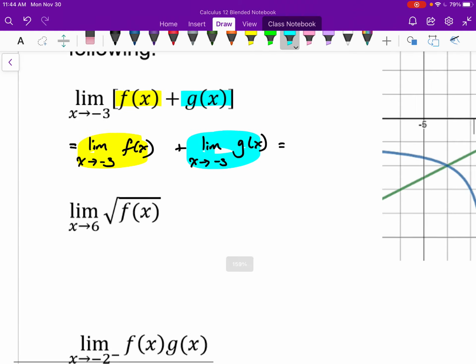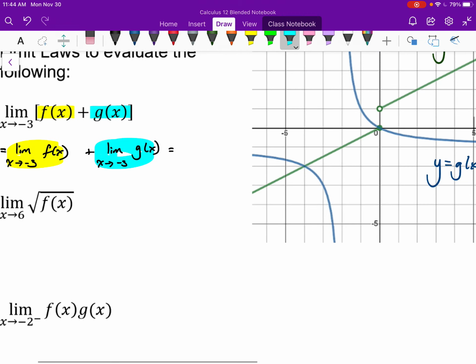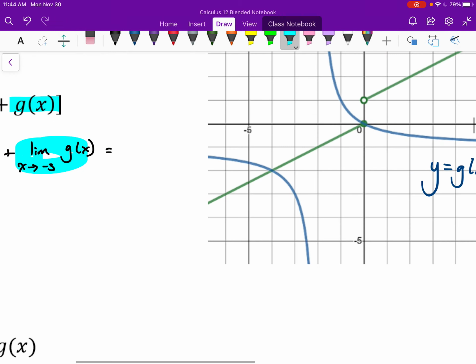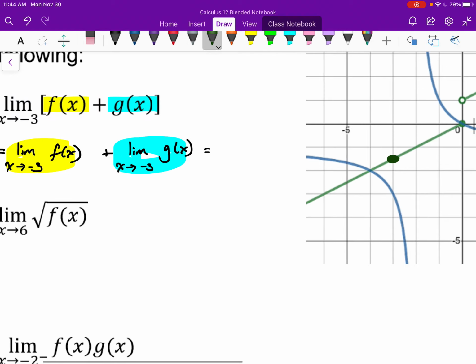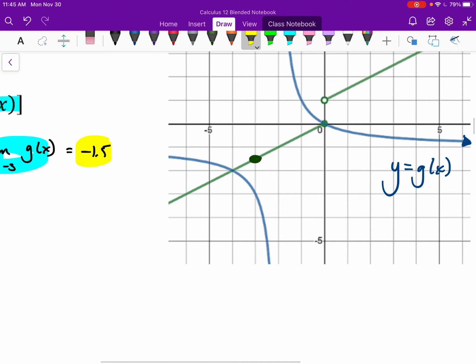Both of these I can probably evaluate by just looking at the graph. The limit of f as we approach -3, that's looking right here. I can see that's at -1.5. So -1.5 is the limit as we approach -3 of f of x. For g of x, as we approach -3, that's right here.